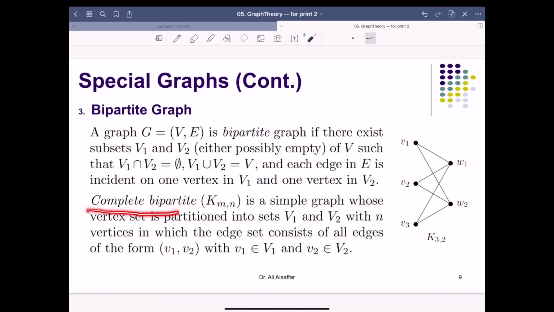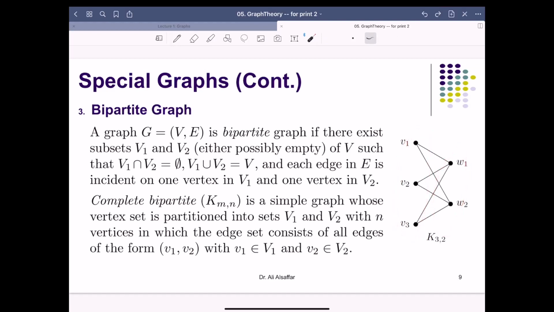What is a complete bipartite graph? A complete bipartite graph is a simple graph which is bipartite, and whose every vertex in one set is adjacent to all vertices in the other set.